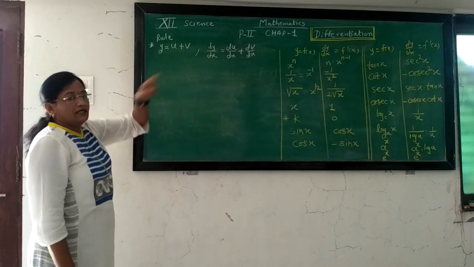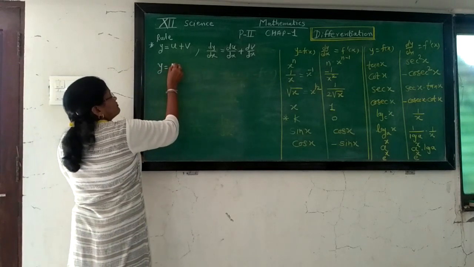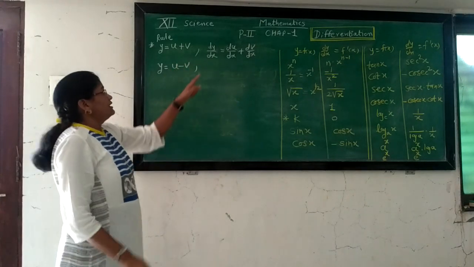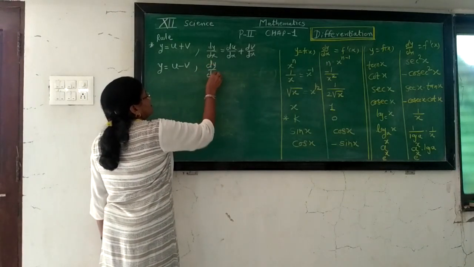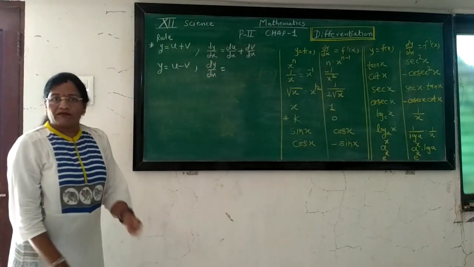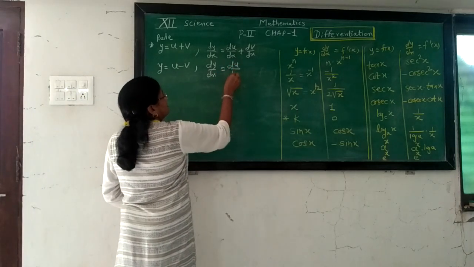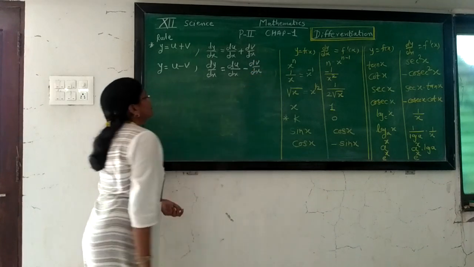Same rule for difference, only we take the sign as minus, that is y is equal to u minus v. Then dy by dx, the derivative of y with respect to x, with the same condition, is du by dx minus dv by dx.